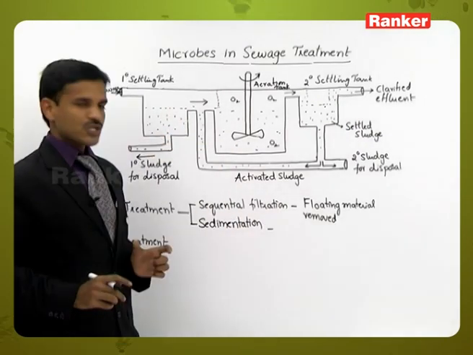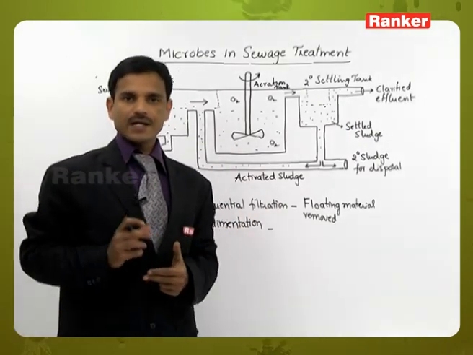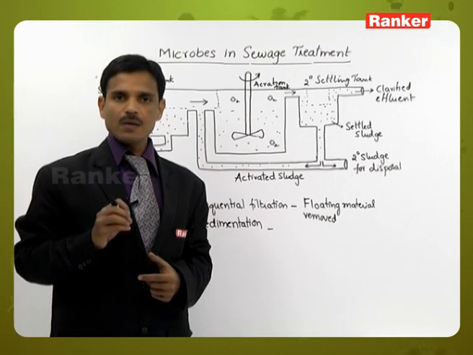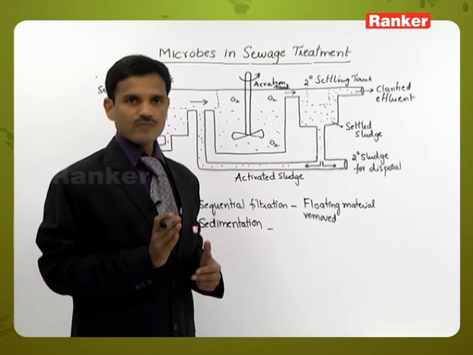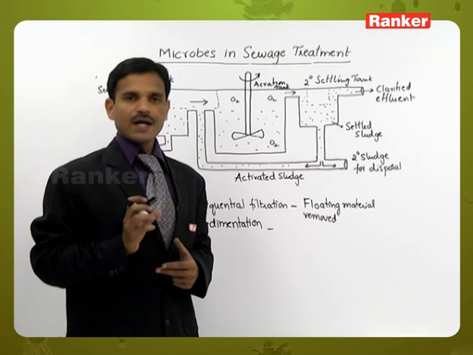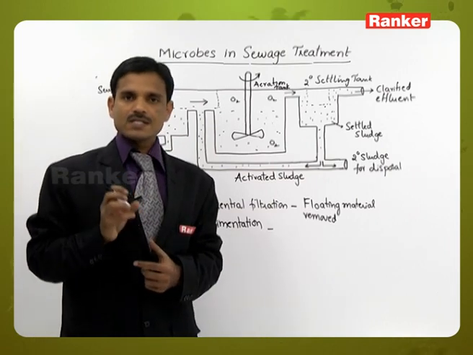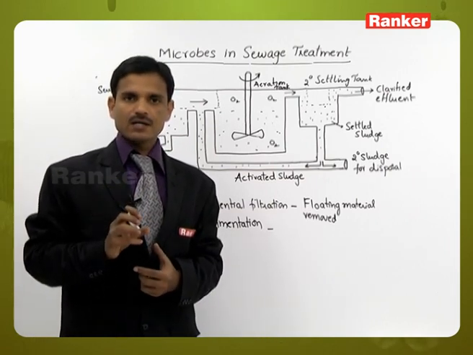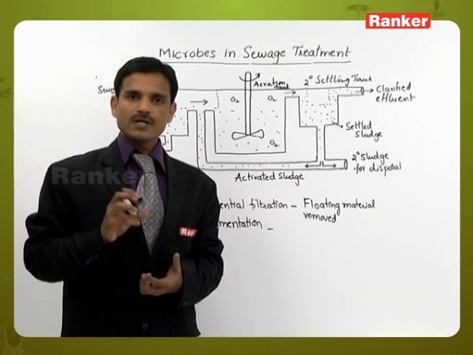By the sedimentation method, the grit, which is nothing but soil and small pebbles, is also removed from the sewage water. Some solid particles settle at the bottom of the tank.